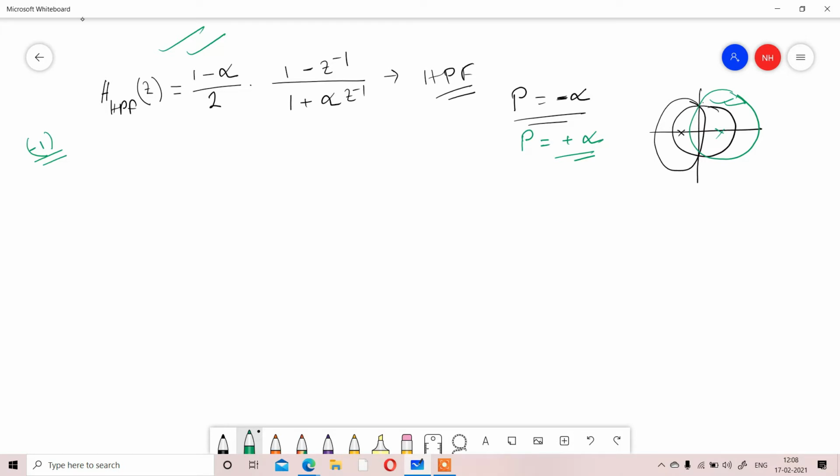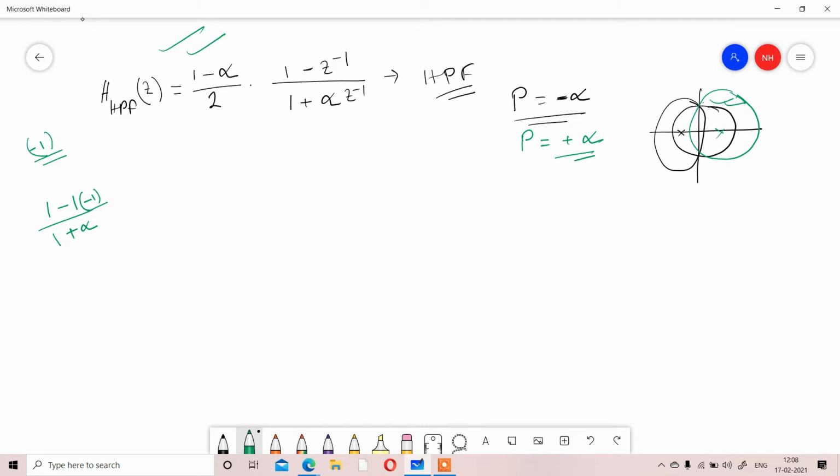So for this case the DC coefficient is 1 minus alpha by 2. Simply if we multiply the DC coefficient by minus 1, what will it be? That will be minus 1.